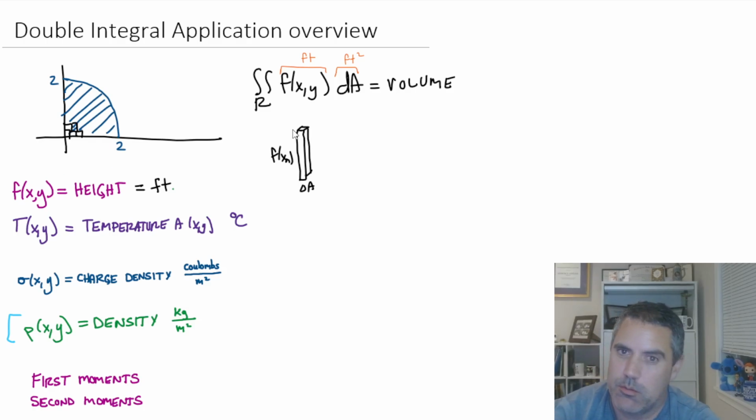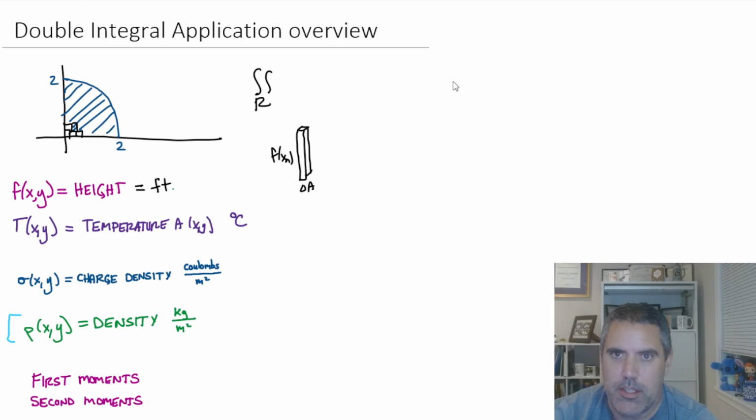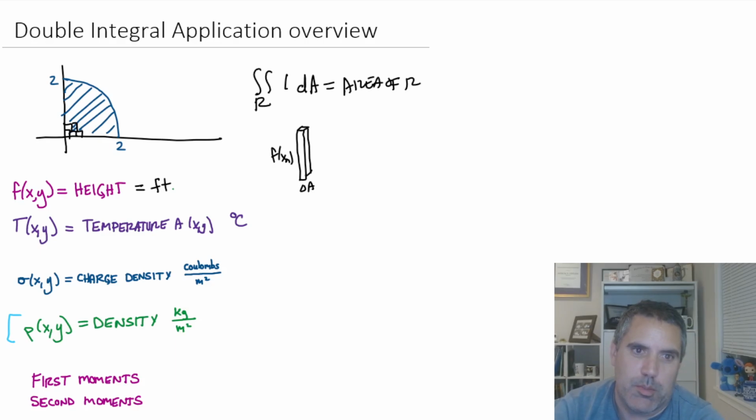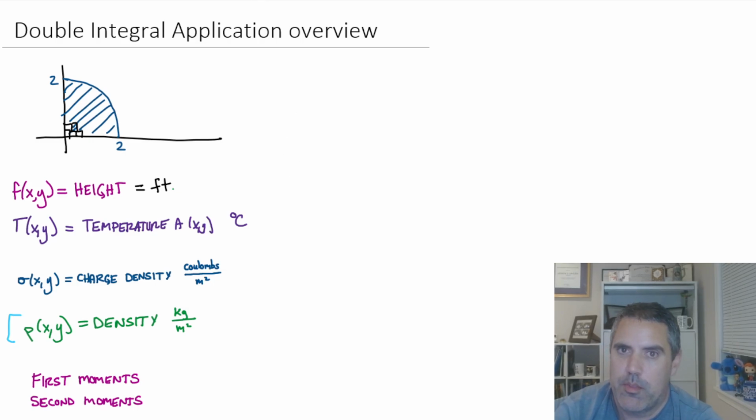In this case, it was adding up the height times the area of the base, but what other things could we have there? We did see one other small application, which is if you put a 1 there, this is a more geometric application, this ends up just being the area of R, which is kind of interesting, but let's move past that. So what if it's just some other random thing?